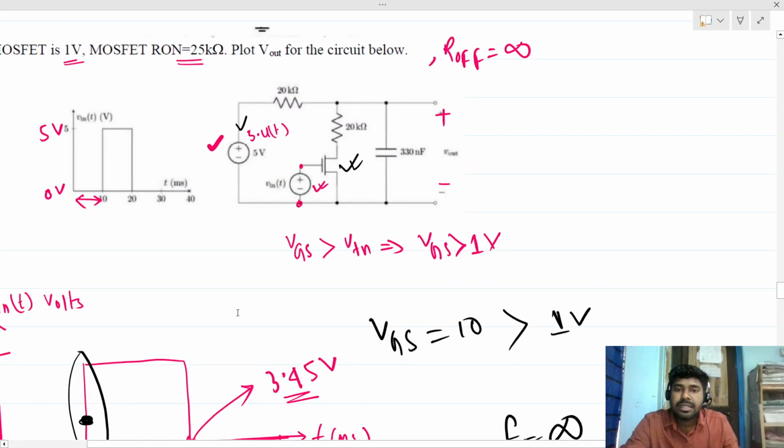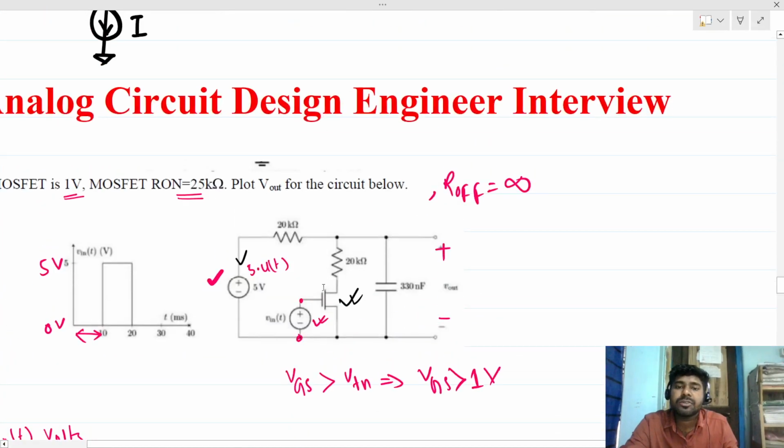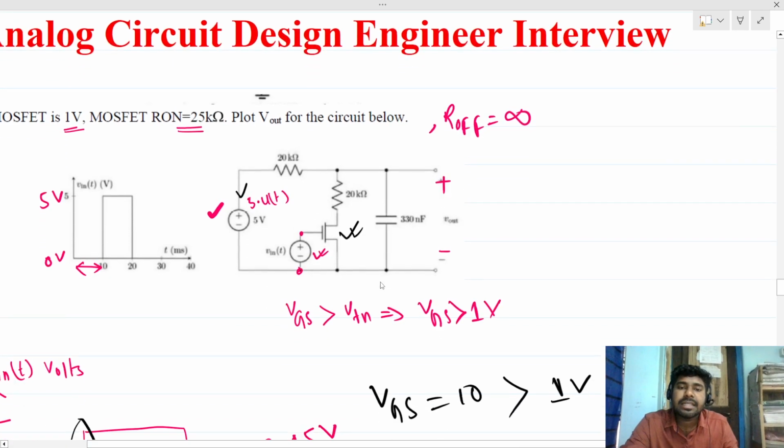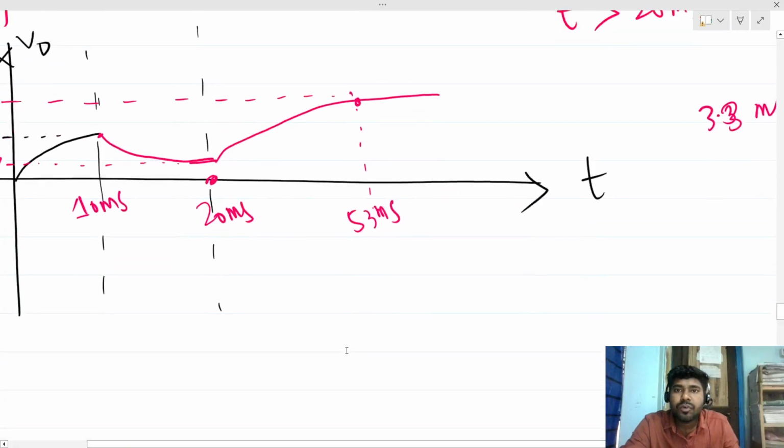Now for t greater than 10 millisecond and less than 20 millisecond, the switch is turned on, and the capacitor is discharging some charge through this resistive path. At t equals 20 millisecond, it reaches 3.45 volt.